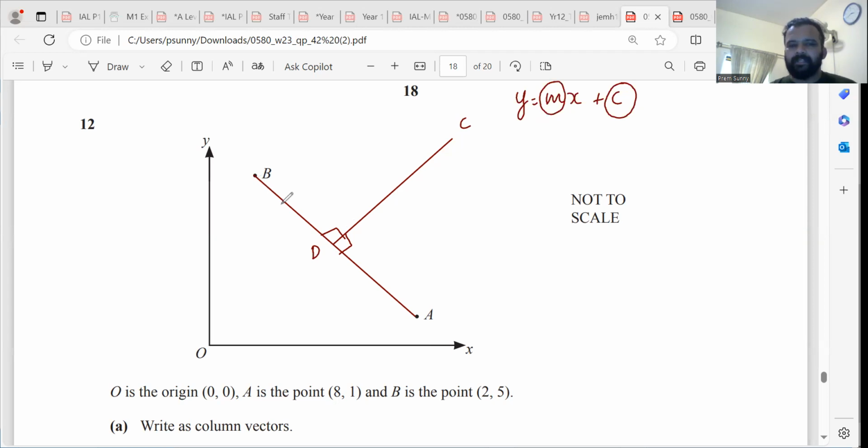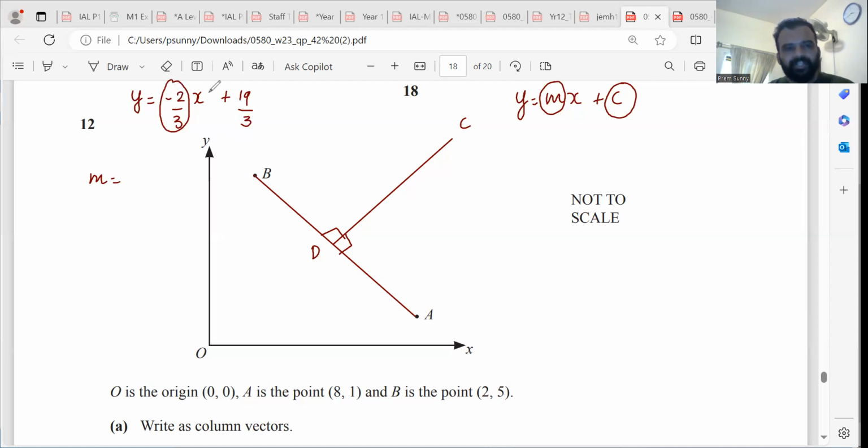So in the previous case, when we found the equation of line AB, it was minus 2 by 3 x plus 19 by 3. Now in this case, to find the gradient of the line perpendicular to AB, the gradient will be the negative reciprocal.